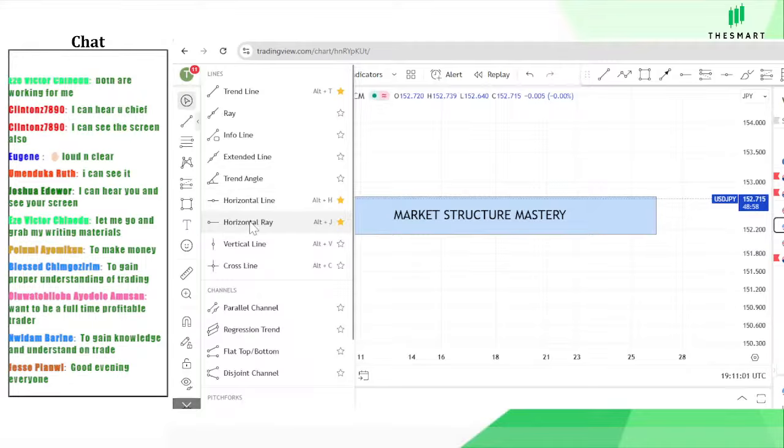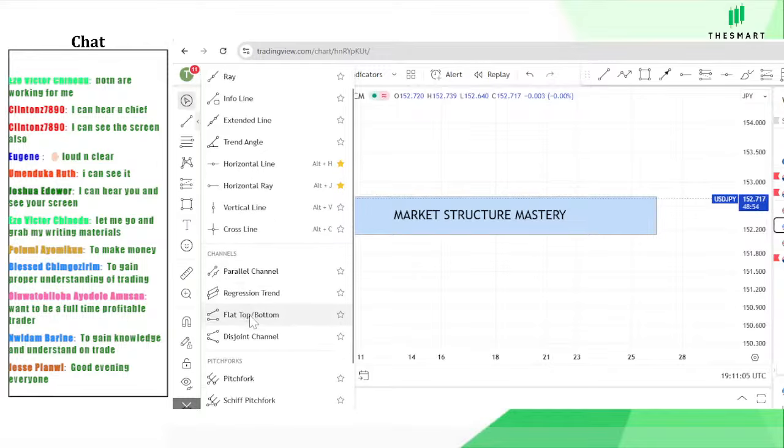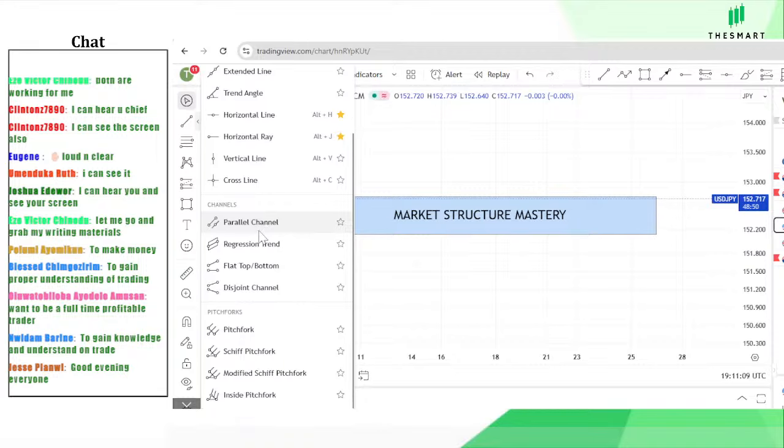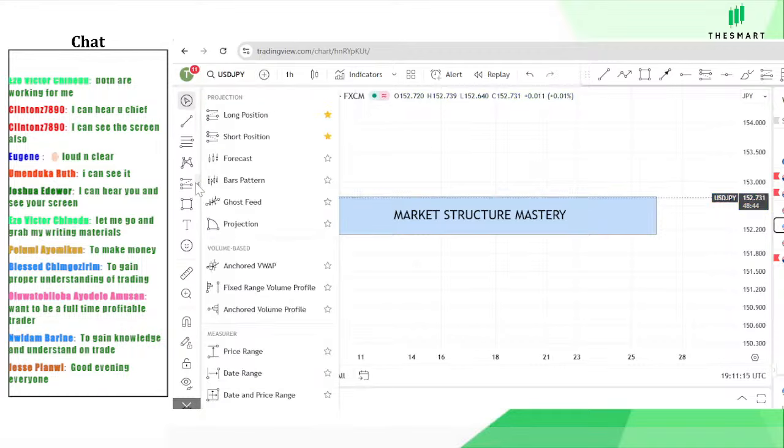You also have your horizontal ray, the vertical line, and maybe your parallel channel, depending on what you want to look at. The next thing is your forecast or projection, where you have the long position and the short position. For now, just these two are important for you.